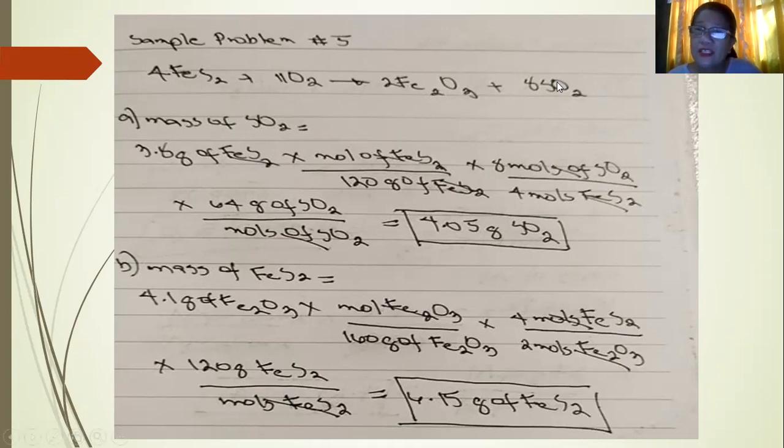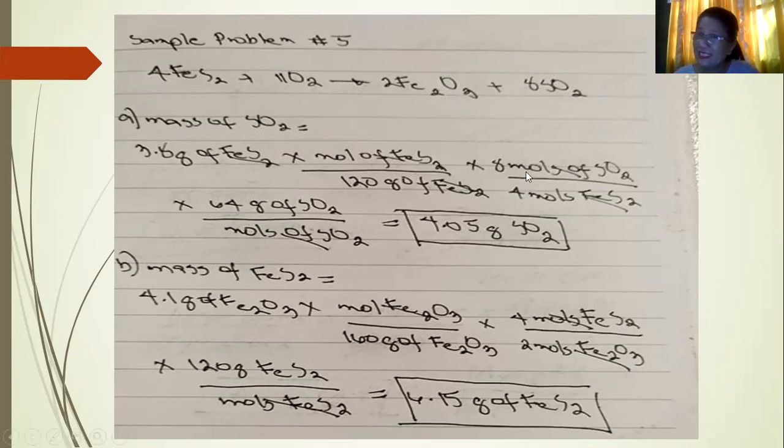So in this way, if it is now a mole to mole relationship, meaning the mole of the given and the mole of the required, we can use now the balanced equation. So we have here 8 moles of sulfur dioxide and 4 moles of ferrous sulfide. So cancel now the moles of ferrous sulfide.